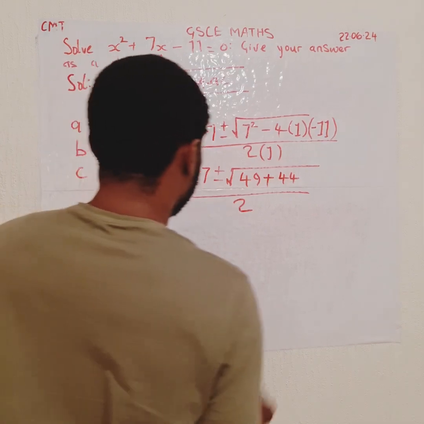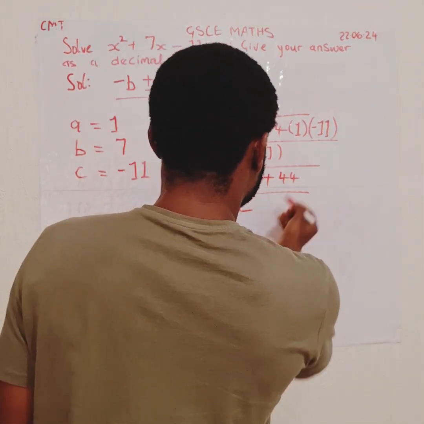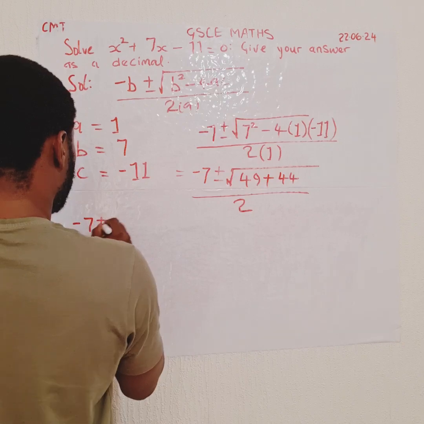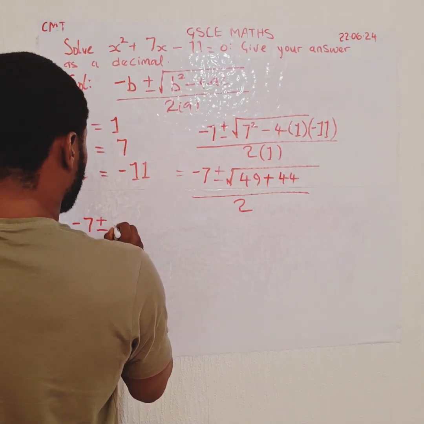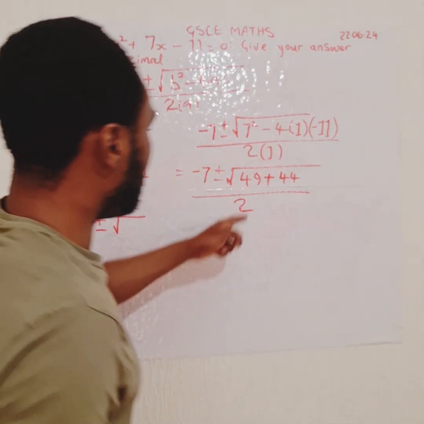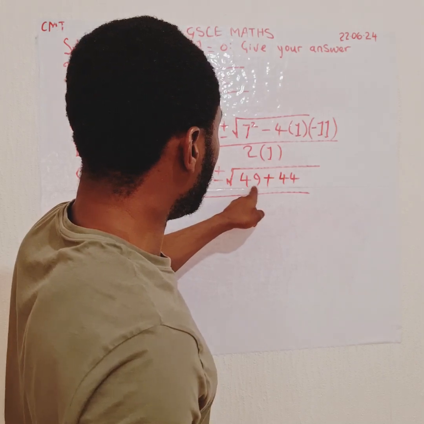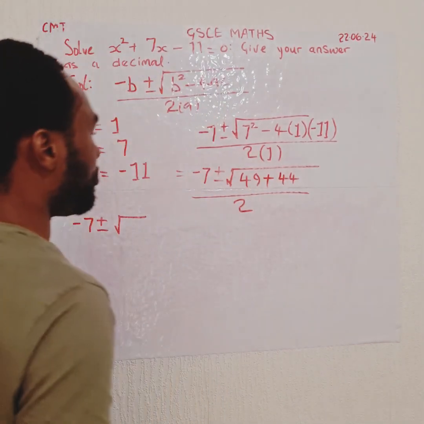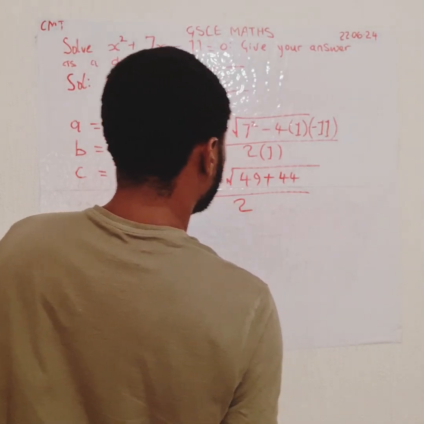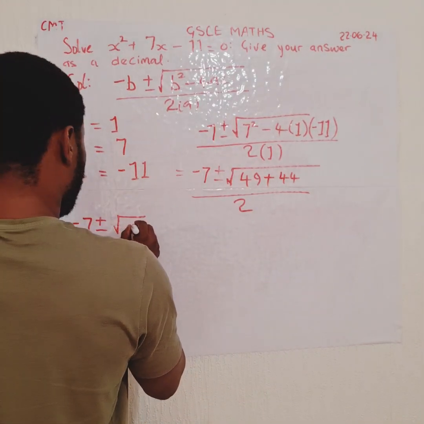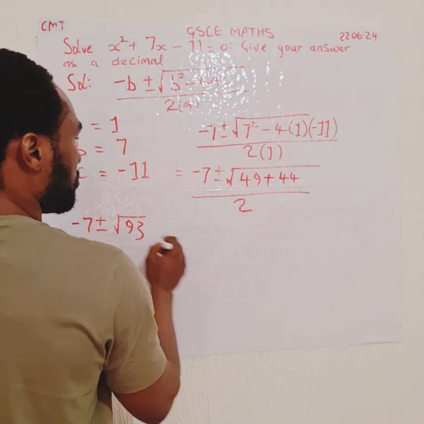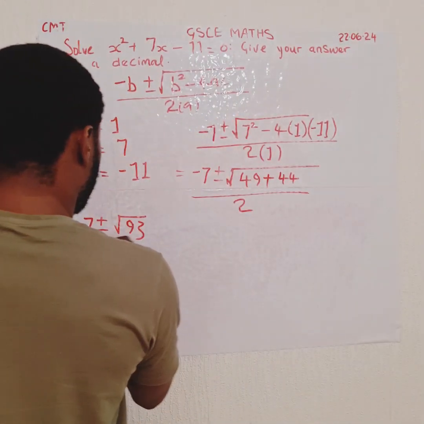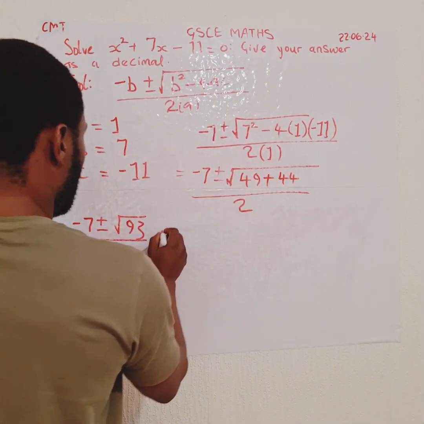All right. In the next step, we need to put these together. We have minus 7 plus or minus the square root of 49 plus 44. That will be 93, divided by 2.